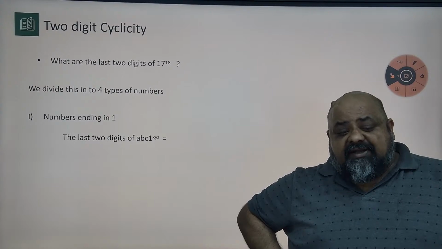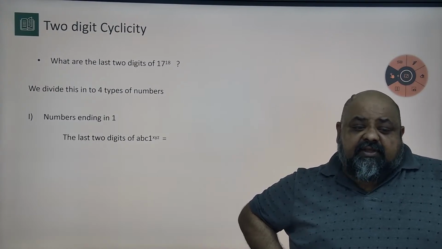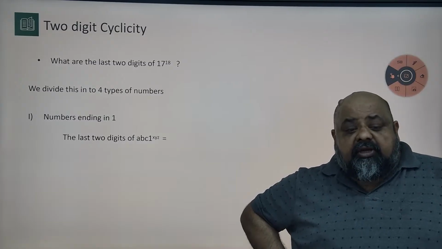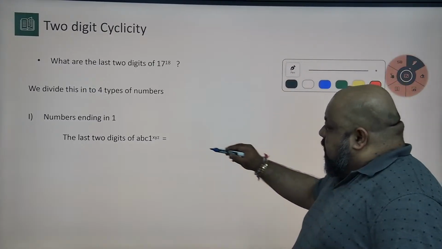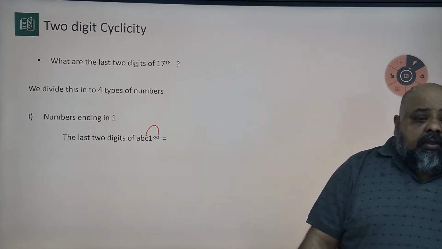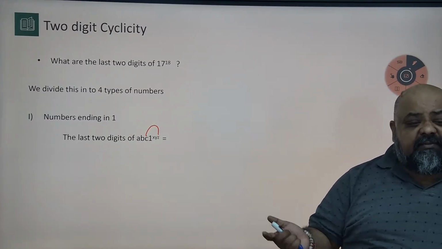So what I will do is I will take the C, that is the tens place digit of the base, multiplied by Z, the unit digit of the power. Multiply these. C into Z's unit digit, followed by 1, becomes the answer.